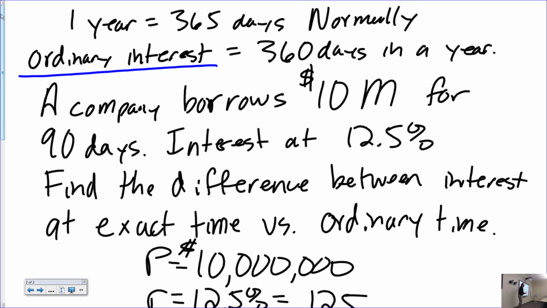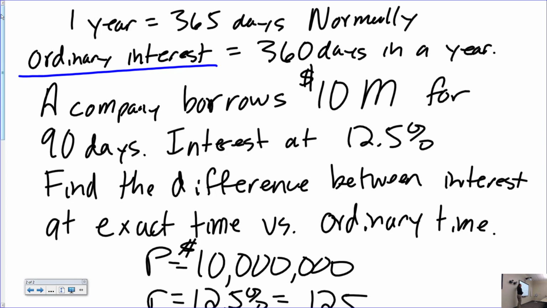All right, so not too bad though. So note, look for this phrase, okay? If you see the phrase ordinary interest somewhere, that's them telling you you're using 360 days instead of 365. Most payday loan shops and check cashing shops use ordinary interest, okay?